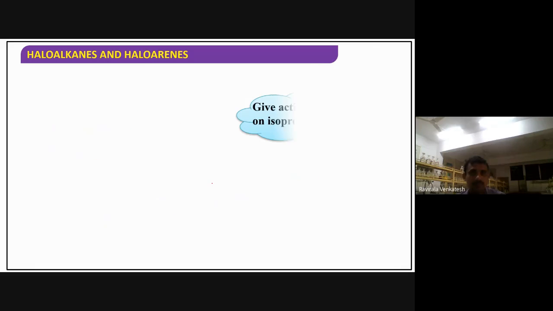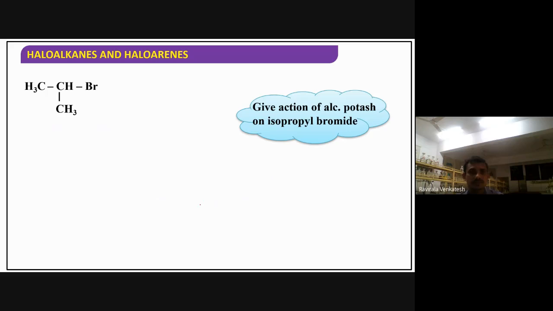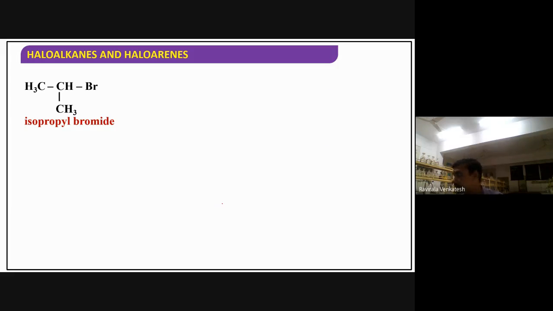Let me see some important points in this. Now, if you observe, what is the product you are going to get? Isopropyl bromide, right? It is called isopropyl bromide or secondary propyl bromide. Why is it called isopropyl?